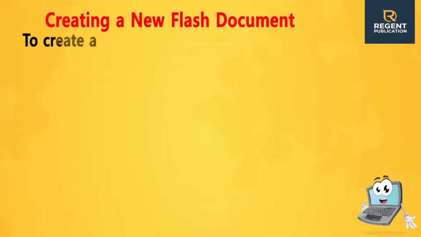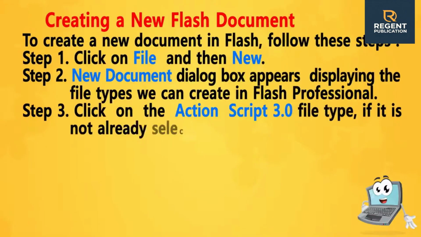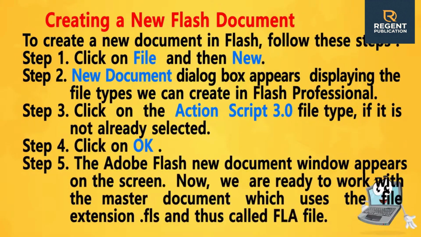Creating a new Flash document. To create a new document in Flash, follow these steps. Step 1. Click on File and then New. Step 2. The New Document dialog box appears displaying the file types we can create in Flash Professional. Step 3. Click on the ActionScript 3.0 file type if it is not already selected.